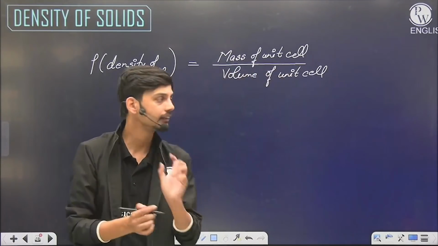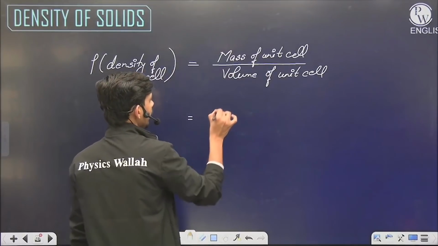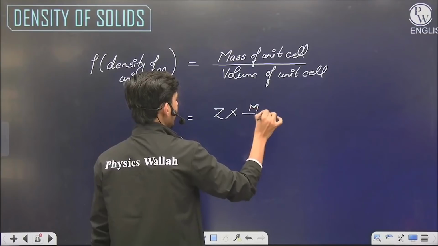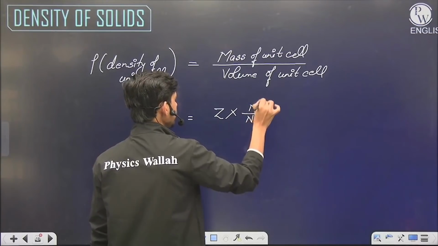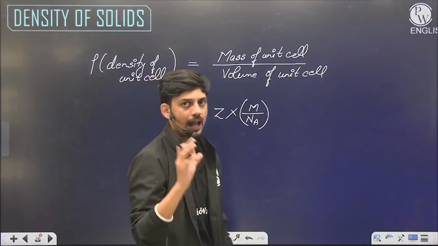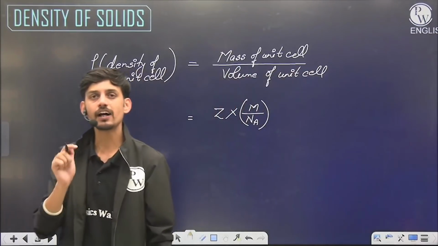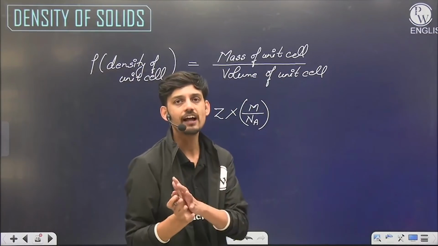the cubic lattice. So I can say that if Z atoms are there, M is the molar mass, then M upon Avogadro number will be the mass of one atom. M is the molar mass, that is the mass of Avogadro number of atoms. Then the mass of one atom will be M upon Avogadro number.